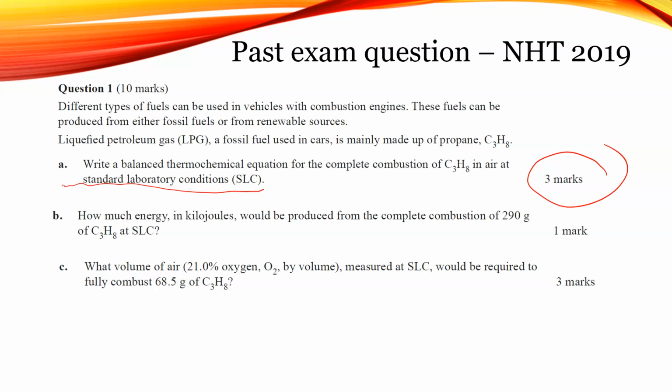Right, part B. How much energy in kilojoules would be produced from the complete combustion of 290 grams at SLC? So this one is just 1 mark. So we've got the ratio needed. We need to change the grams to moles, and then we need to work the ratio with the energy in kilojoules.